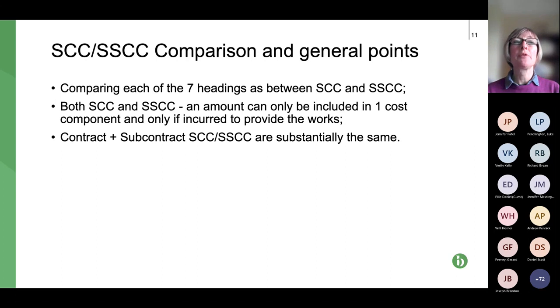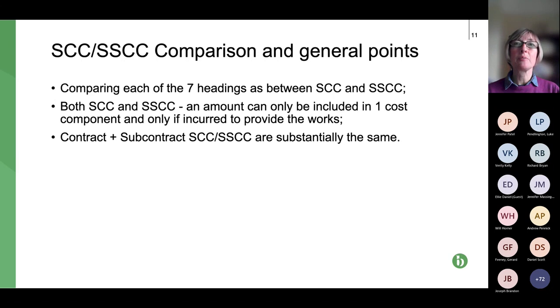So the one point to note is that both the schedule and the shorter schedule state, this is the middle bullet point here, that you can only claim an amount under one category. So we'll see how that works. We've got an example of that.